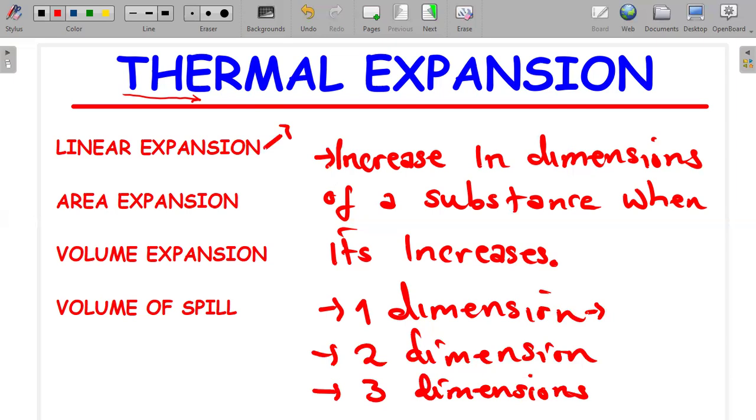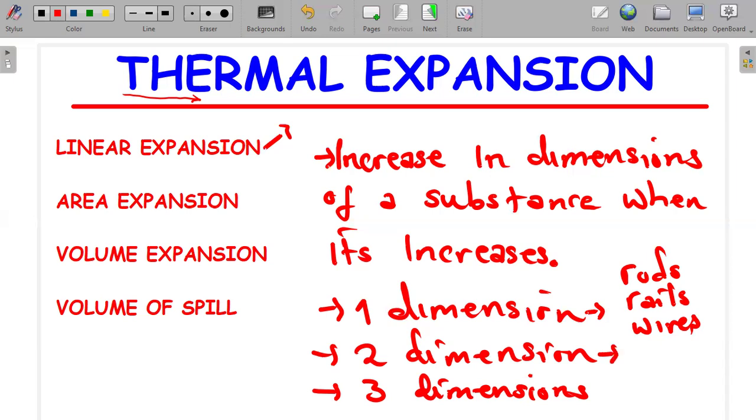You're going to notice this mostly in things like roads, a metal rod, rails, but also in wires. So when the expansion is in one dimension, we call it linear expansion, which means the substance in question is only expanding in one direction.